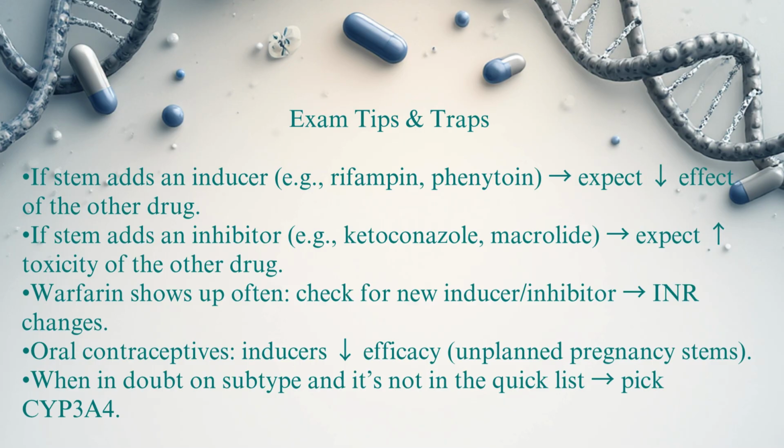So your exam pattern is: inducer means decreased effect of the other drug. Inhibitor means increased toxicity. Always scan warfarin and oral contraceptive questions for interactions. And when you're unsure on subtype, think CYP3A4.